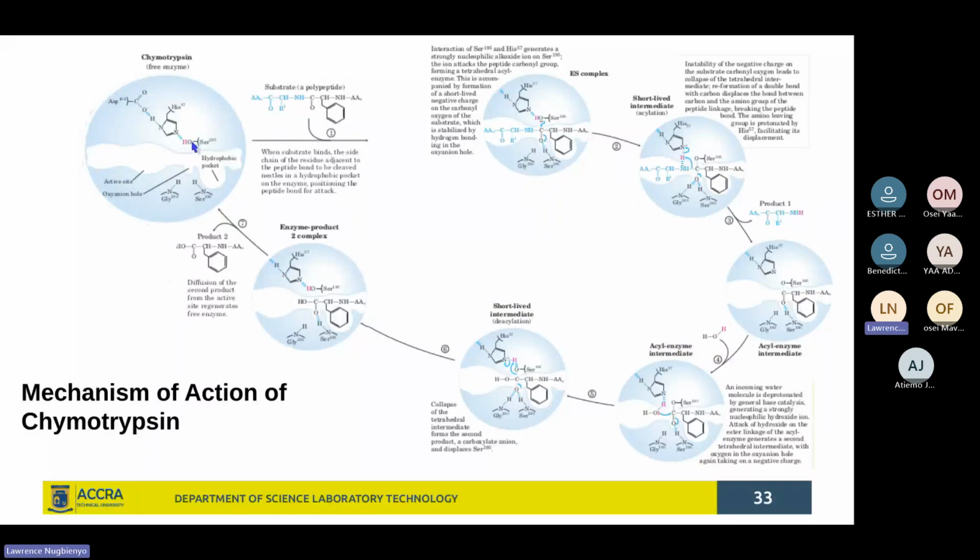The histidine side chain has an imidazole ring. And then there is also aspartic acid. The histidine is at the 57th position. You see the number there is 57. And you also see the aspartic acid is at, I think, 102nd position.